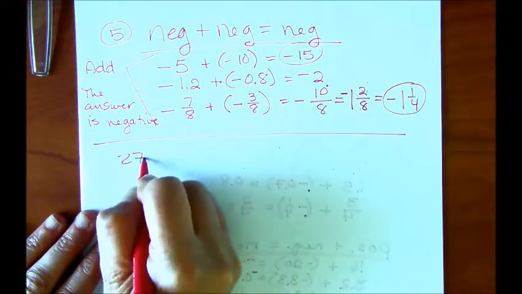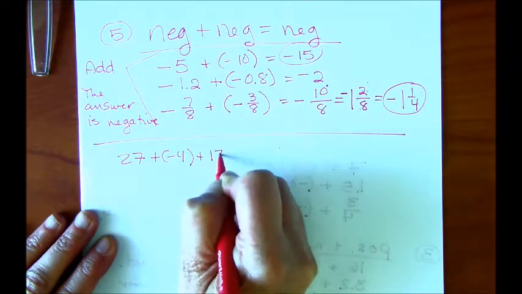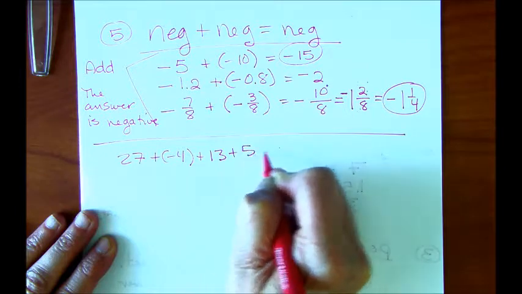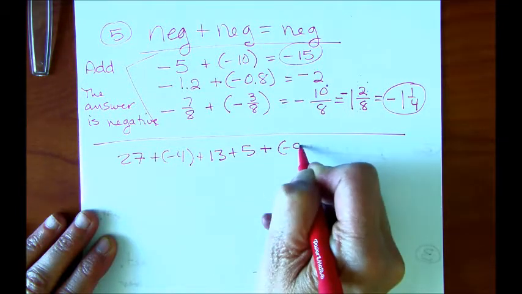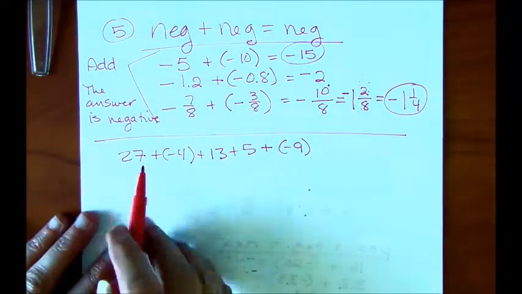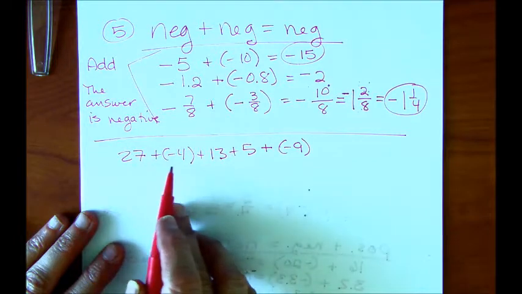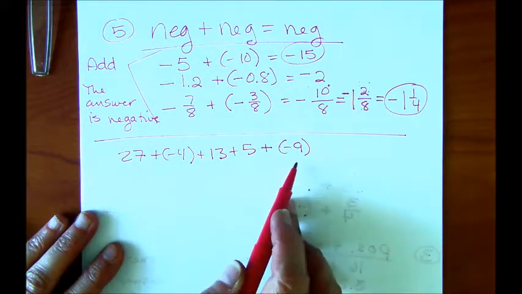So we've got 27 plus negative 4 plus 13 plus 5 plus negative 9. Notice we're adding all these numbers, but we've got some positive numbers and some negative numbers.